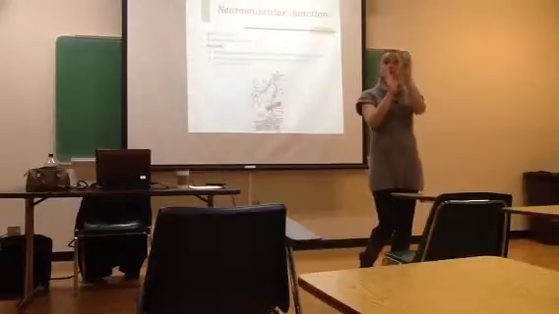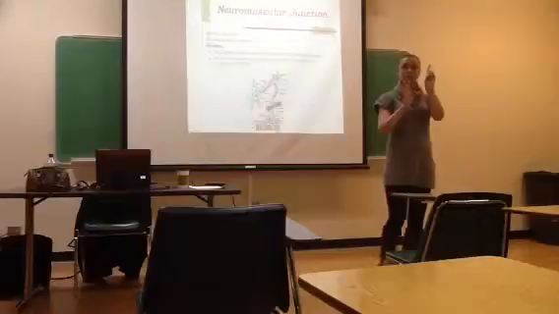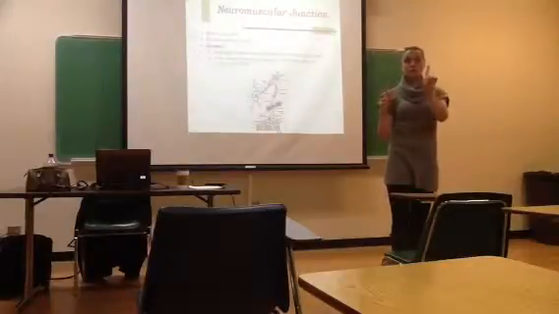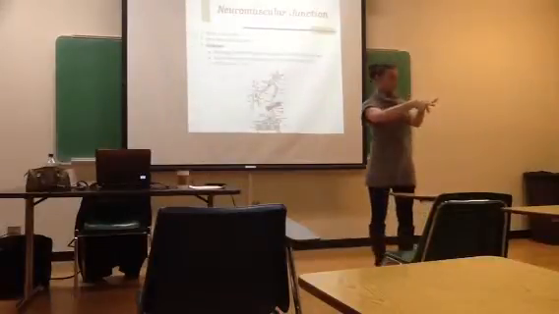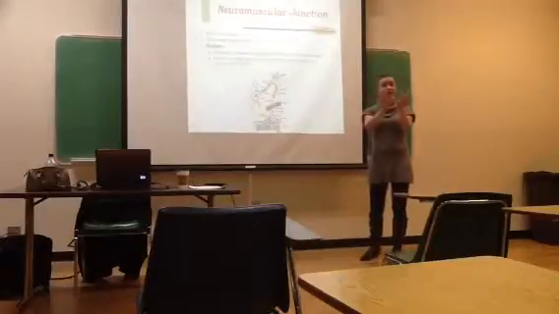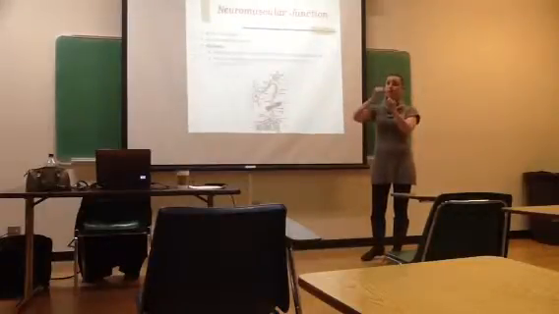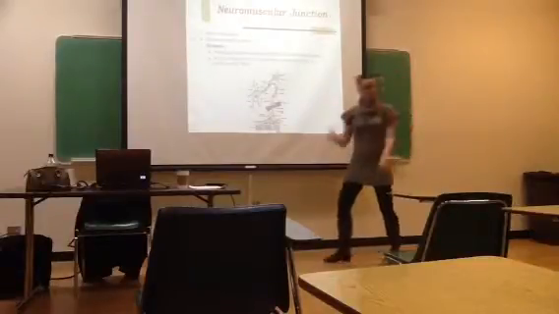Each individual one of those terminal branches synapses with a single muscle fiber cell. So one branch connects to one muscle fiber cell. There could be thousands of terminal branches, but only one terminal branch goes to one muscle fiber cell.